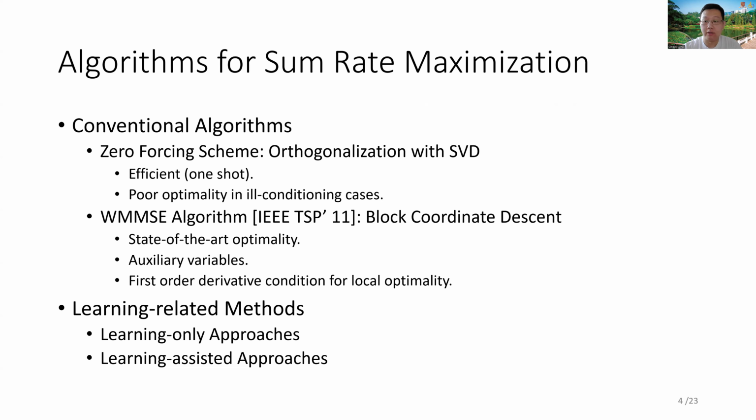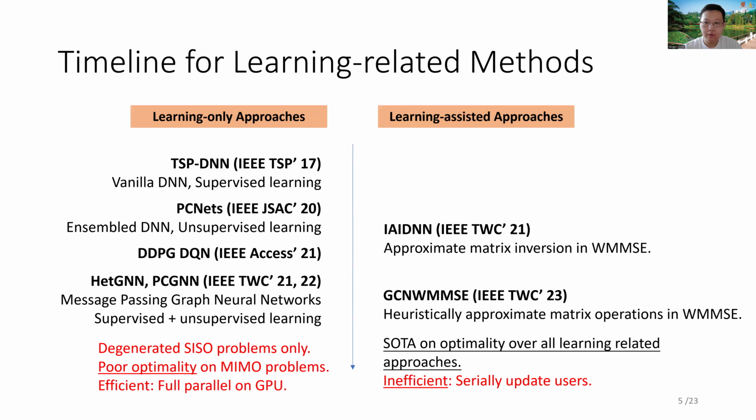And for the learning-related methods, we divide them into learning-only and learning-assisted approaches. The learning-assisted approaches utilize machine learning methods to replace operations in existing conventional algorithms. So we provide a timeline for learning-related methods till 2023.